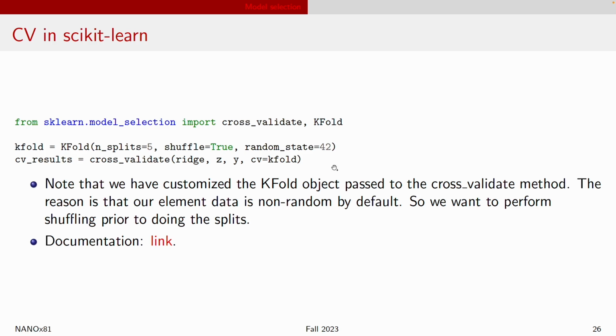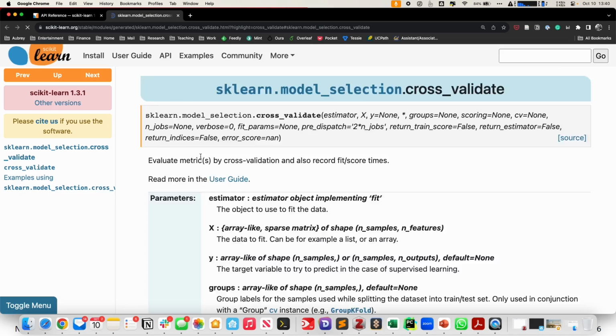All right. So just to show you the documentation, so this is our cross-validate method. You see that basically you need to give it an estimator. So in scikit-learn, all the models are called estimators. In other words, they perform an estimation, okay?